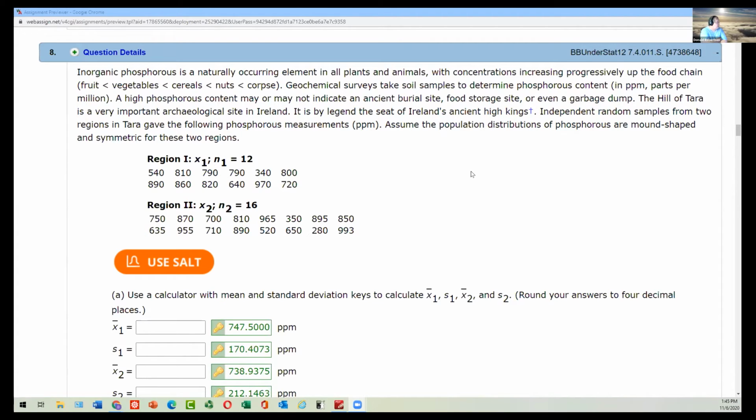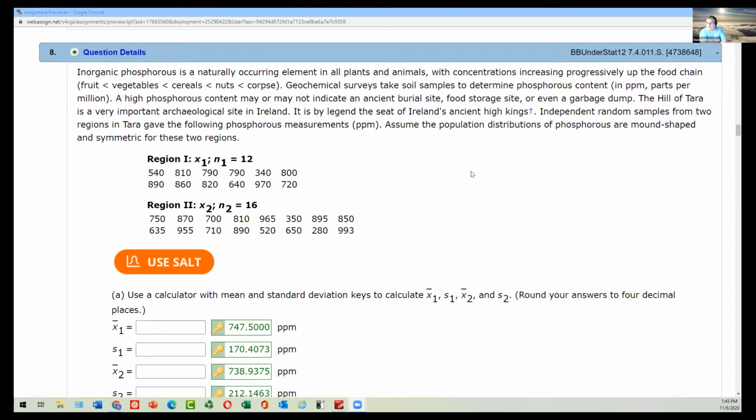So fruit has a little, veg have more, cereal has more, nuts have even more phosphorus, and dead bodies have the most. Okay. Geochemical surveys take soil samples to determine the phosphorus content. A high phosphorus content may or may not indicate an ancient burial site, or at least a food storage site, or even a garbage dump.